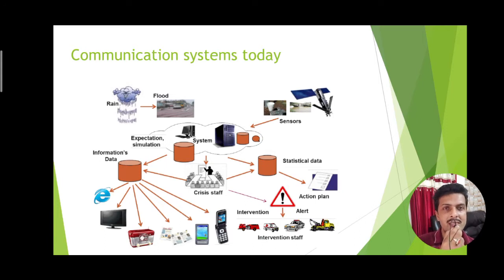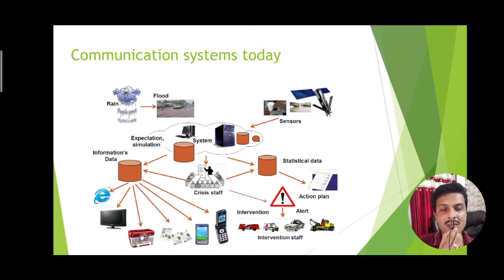Now here is a simple example of a communication system. How it is useful today has been shown. At the top left, it is showing that it is raining and that will cause a flood. So this is an incident. So how does our communication system help us to get relief from such a natural calamity?